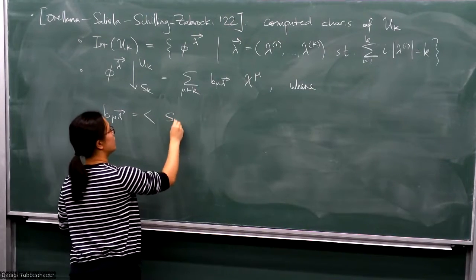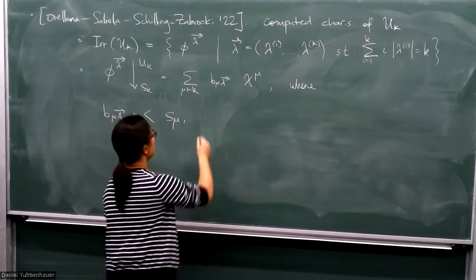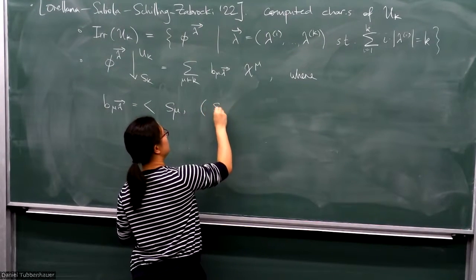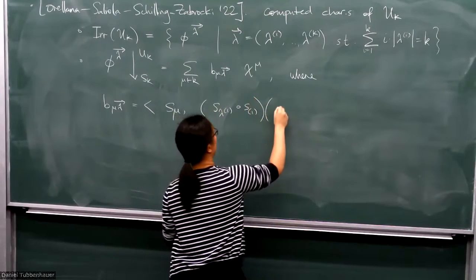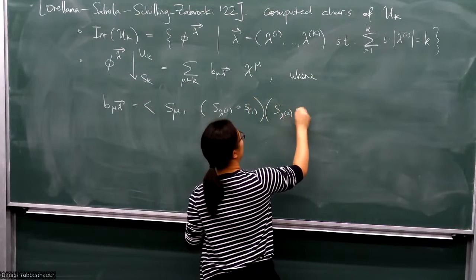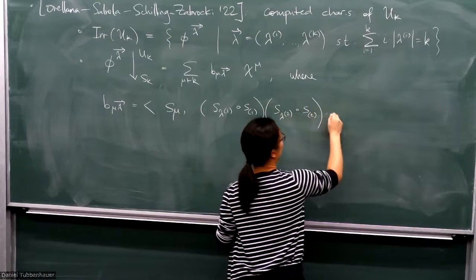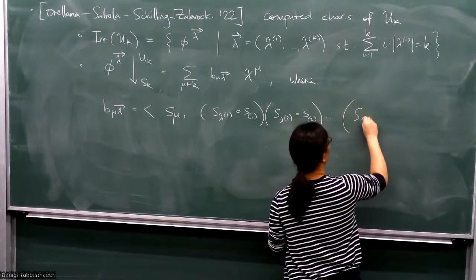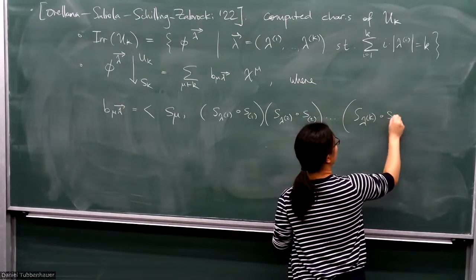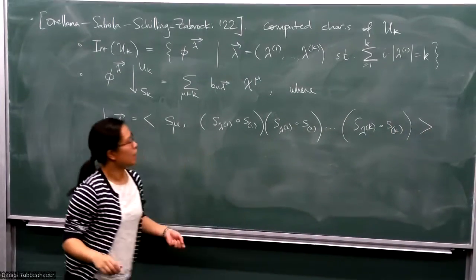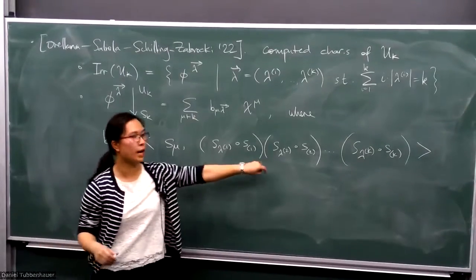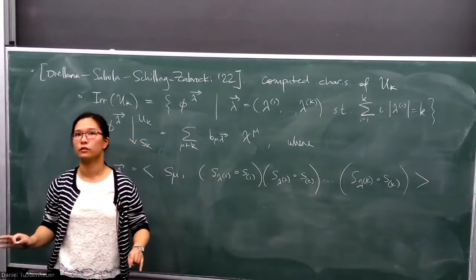So we're looking at how many times S mu appears in the following product. How to multiply out the brackets with each other, that's just Littlewood-Richardson again.